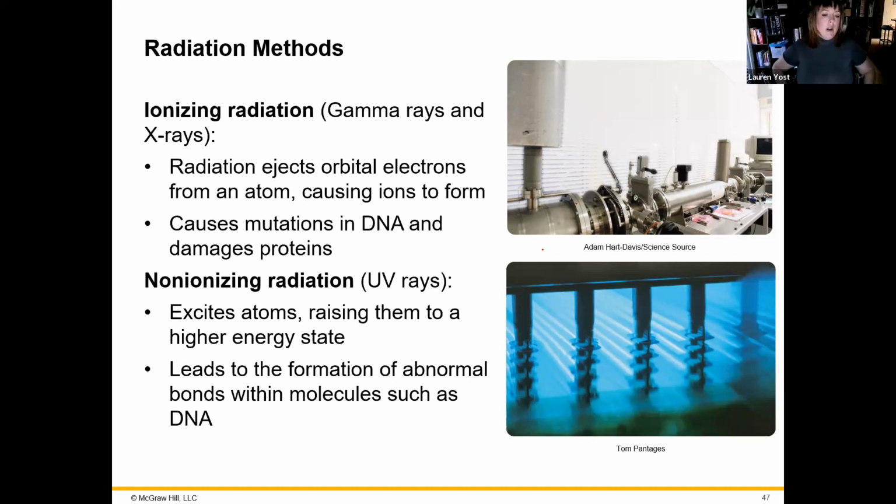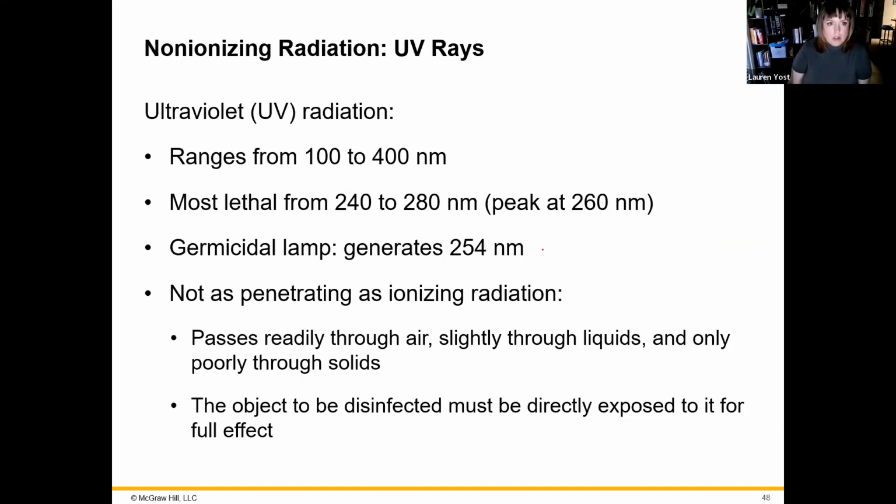For non-ionizing radiation, we have UV rays, and that's literally going to just energize the state of the atoms in the DNA or whatever it is. So we'll have abnormal formation of bonds within molecules such as DNA that can lead to mutations later on.